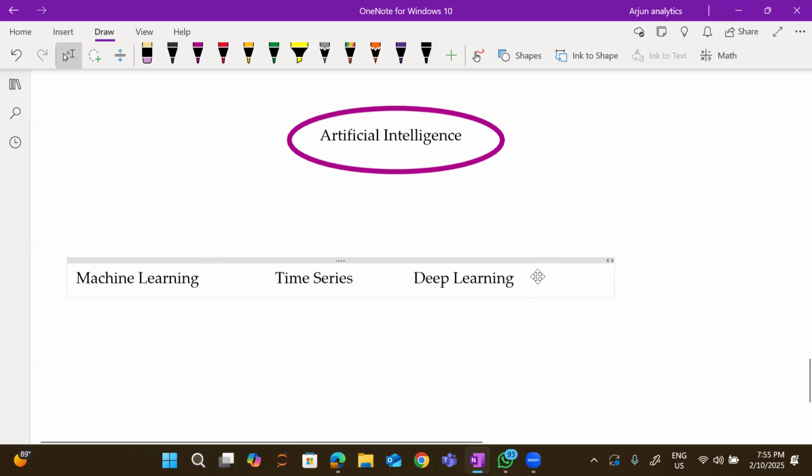And we will be using deep learning. And we can go with generative AI. And the next part is nothing but agentic AI.